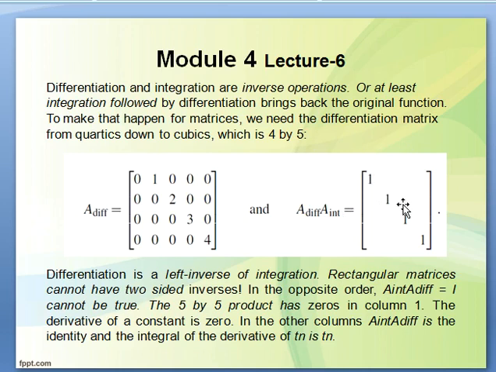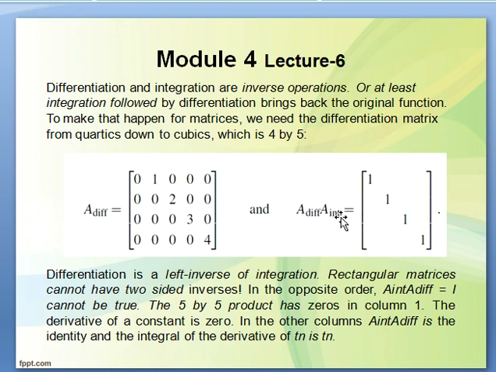So the differentiation matrix into the integration matrix is a 4 by 4 identity matrix, and from this we conclude that differentiation is the left inverse. The differentiation matrix has to be taken first, and then multiplied with the integration matrix.